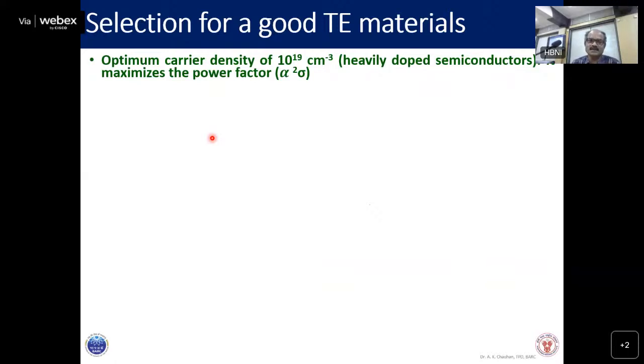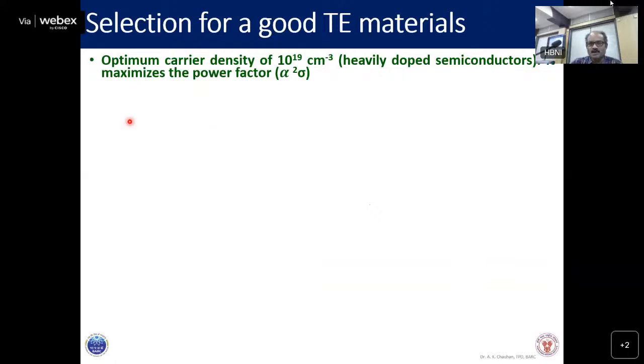Very basically, it is the number of electrons or holes present per cubic centimeter. For a heavily doped semiconductor, as we saw in the second lecture, 10 to the power 19 per cubic centimeter is the carrier density.